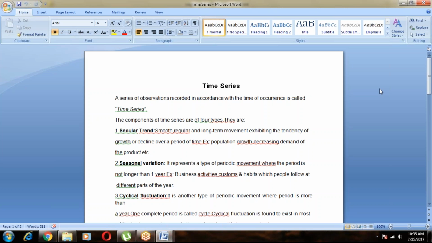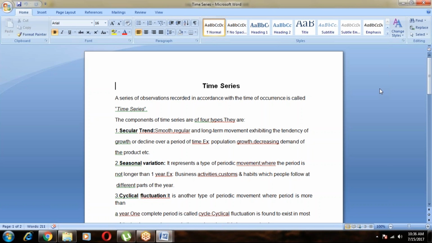One is secular trend. What does it mean? A smooth, regular and long-term movement, like population growth, or a decrease or increase in demand for a particular product. Population growth is the best example, and it's a long-term movement, obviously. So we call it secular trend.